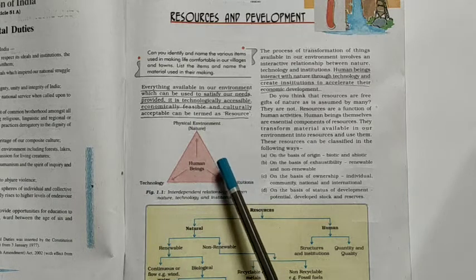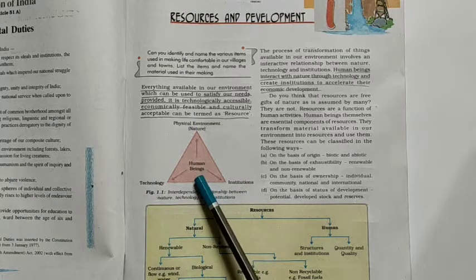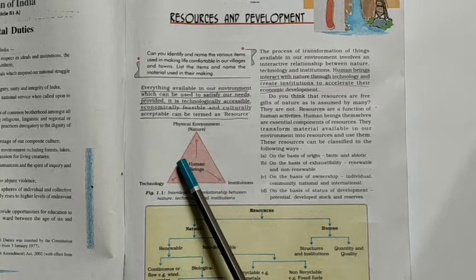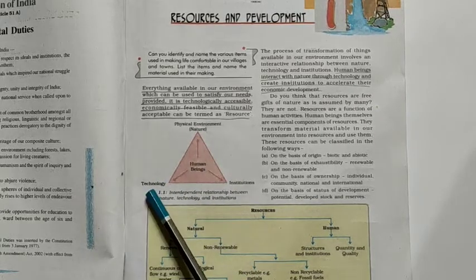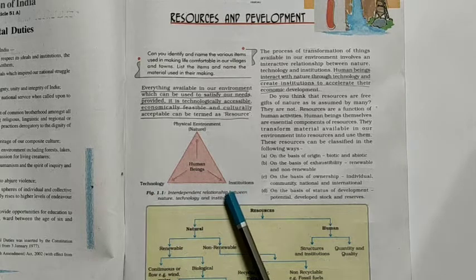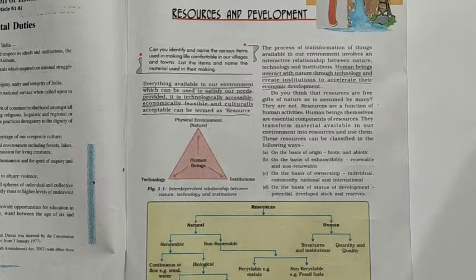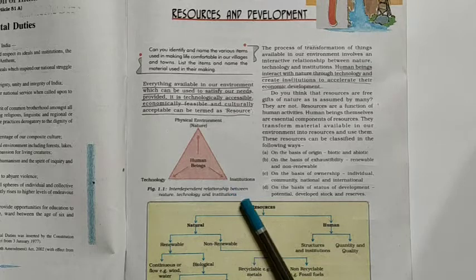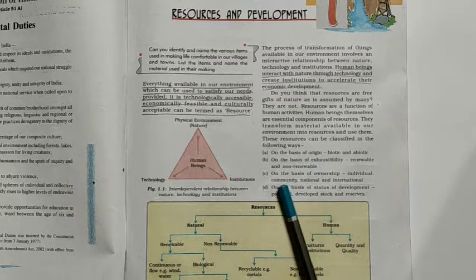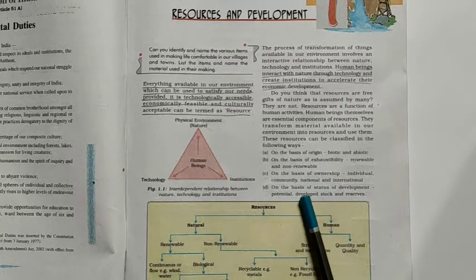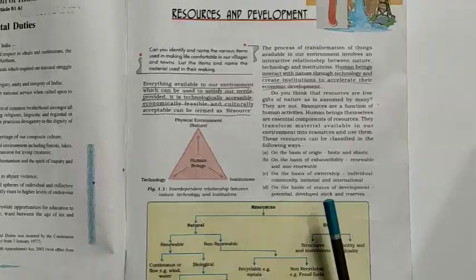And also we have seen that human beings are interrelated to nature, that is the physical environment, the technology, and the institutions. And we have seen how the resources are classified. They are classified on the basis of origin, on the basis of exhaustibility, on the basis of ownership, and on the basis of status of development.